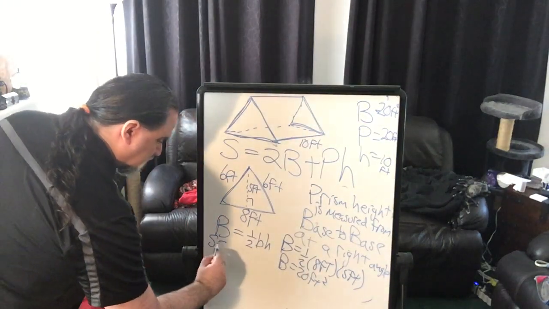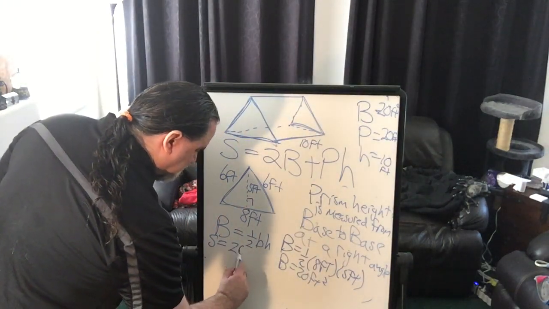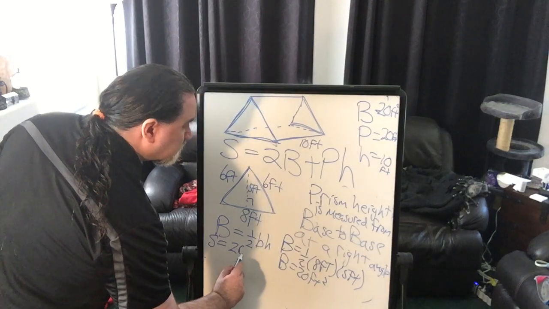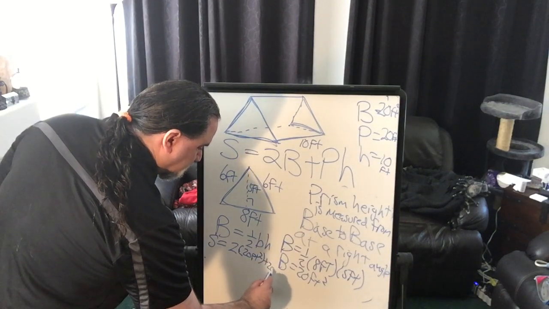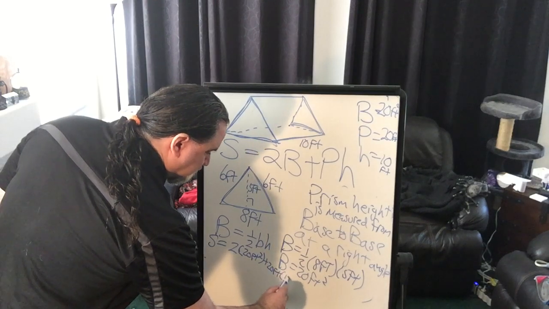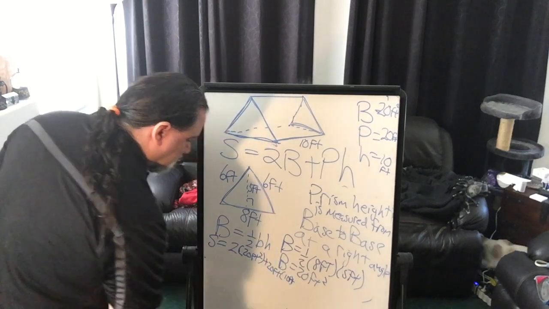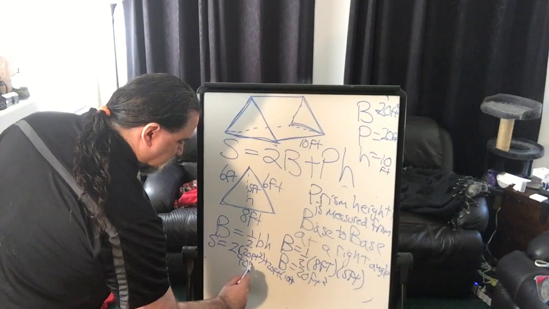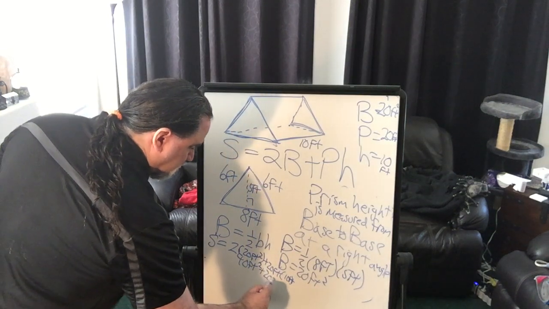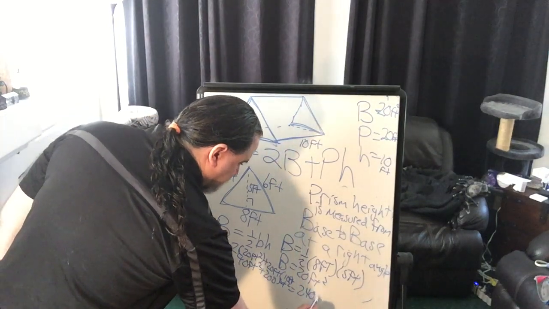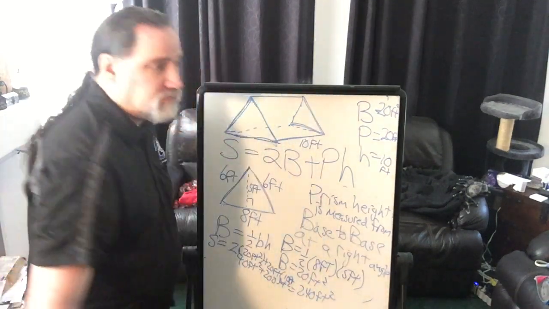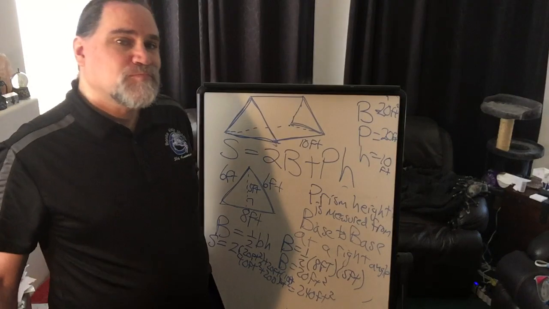So surface area equals 2 times 20 feet squared plus 20 feet times 10 feet. So 40 feet squared plus 200 feet squared is 240 feet squared, or square feet, depending on your preference.